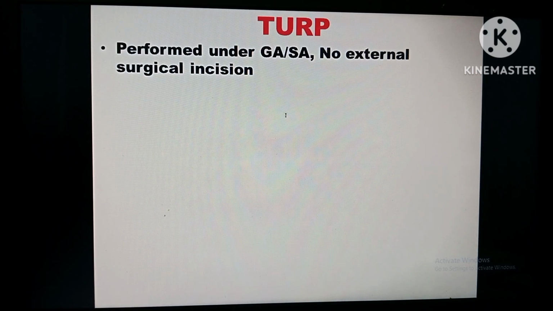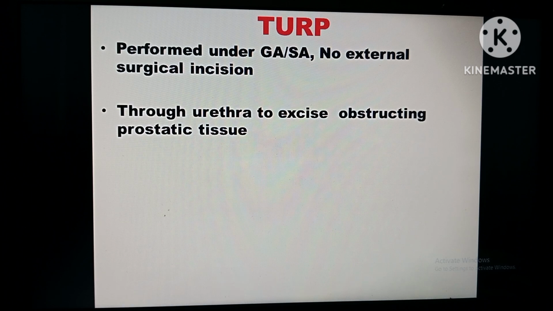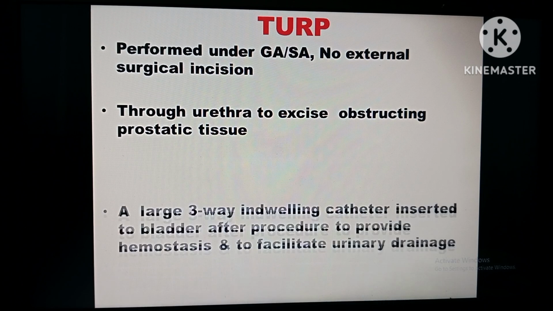So TURP. What is transurethral resection of prostate? This procedure is done under general anesthesia or spinal anesthesia. No external surgical incision is done. Through the urethra, the excess obstructive prostate tissue will be removed.